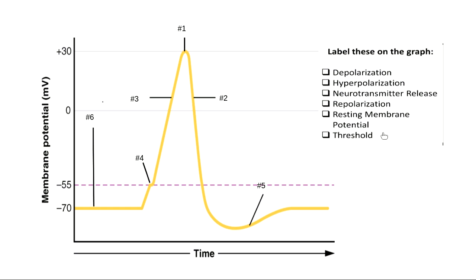If you have not already labeled your graph, I want you to identify the labels on here, because in a moment I'm going to start asking you about specific regions, and I'm going to have you tell me the number that correlates with it. Each of these lines is representing one of these parts on the graph. Let me give you one quick minute to make sure you can label it.